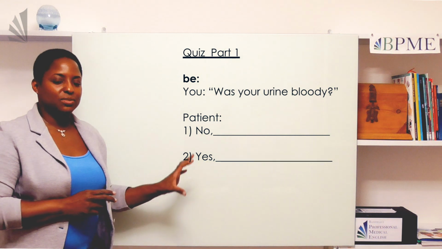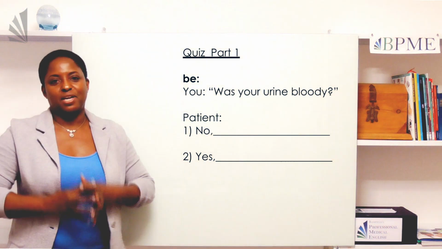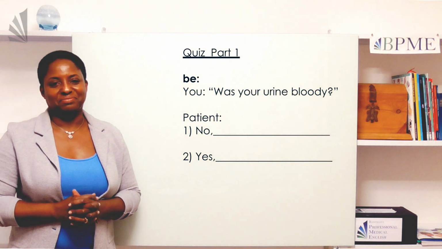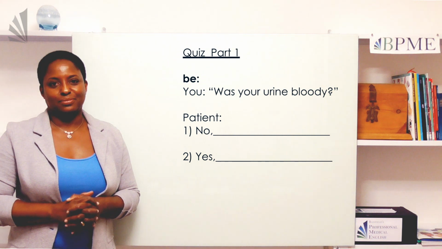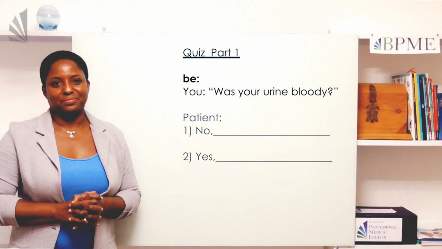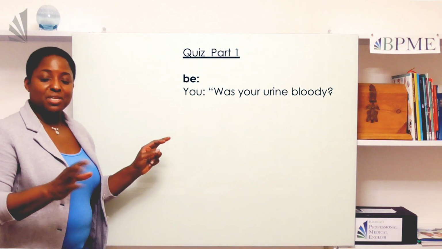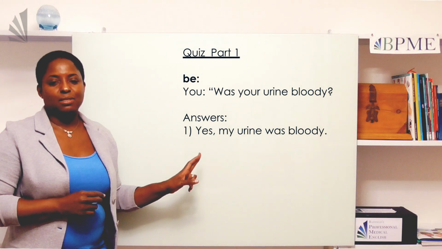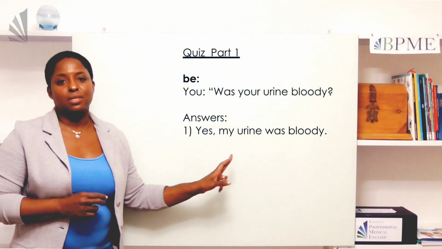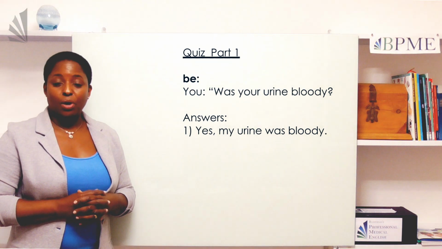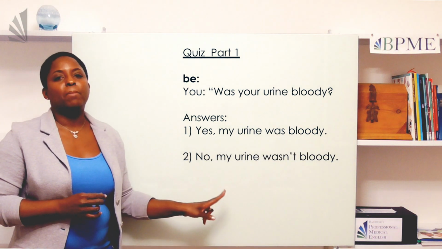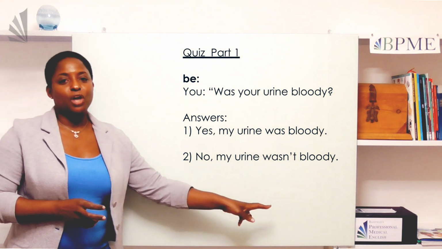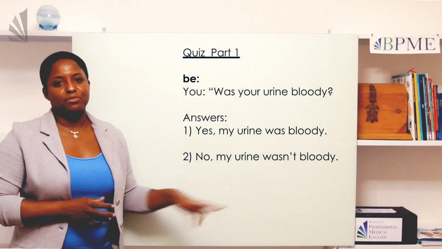How do they answer using the grammar we've done in this tutorial? So, using be, they can say, if the answer is yes, yes, my urine was bloody. Or, if it's no, no, my urine wasn't bloody. The not goes directly after the was.